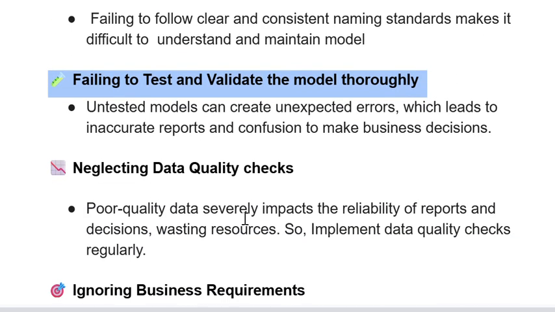Next is failing to test and validate the model. Most of the time people don't have the time to test with proper data, and the customer also might not give the correct or valid data, the data that might be in production.